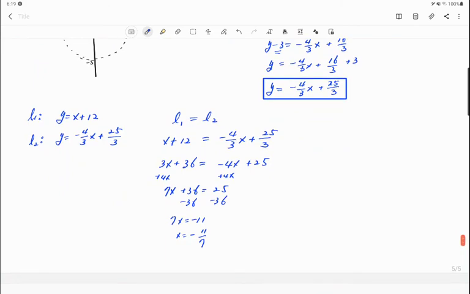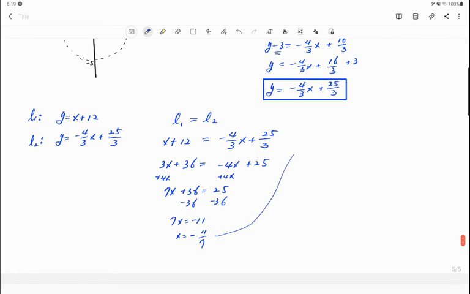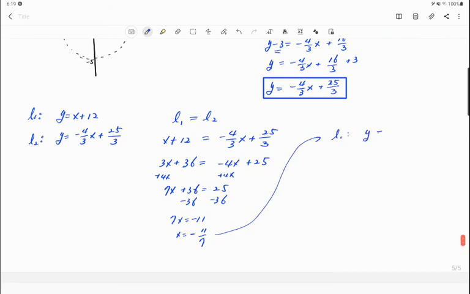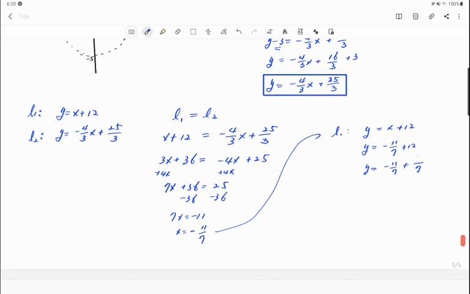From here, let's use the purple line, y equals x plus 12, to find y using this x value: negative 11 over 7 plus 12. Then y equals negative 11 over 7 plus, multiply 12 by 7, 84, so y equals 73 over 7.